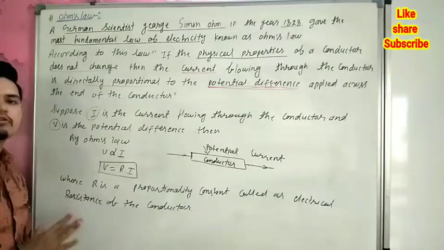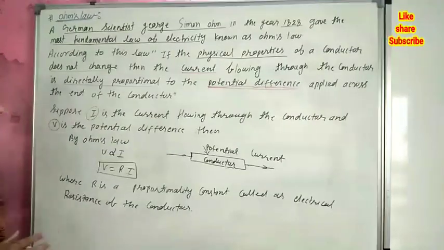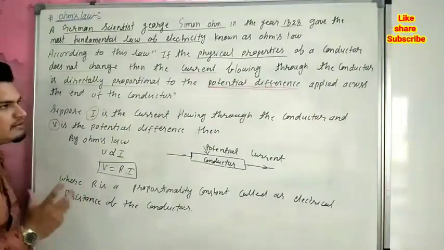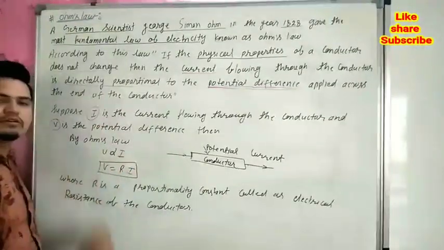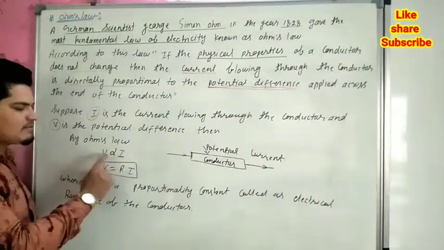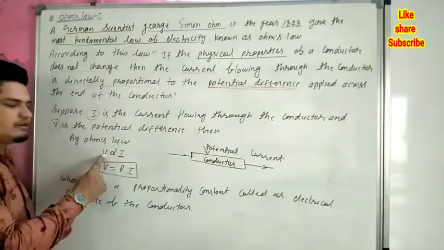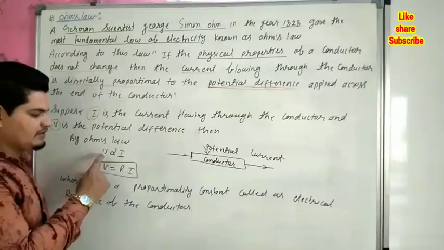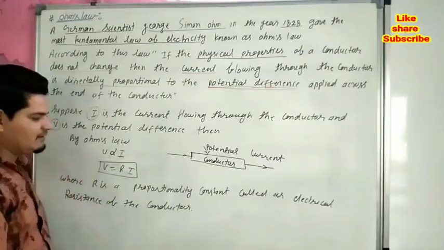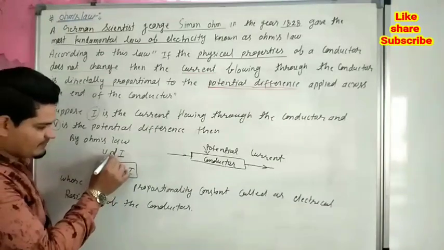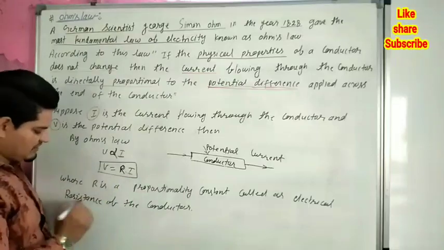So according to Ohm's law, if the physical property of the conductor does not change, then the current flowing through the conductor is directly proportional to the potential. When we remove this proportionality sign, a constant comes.